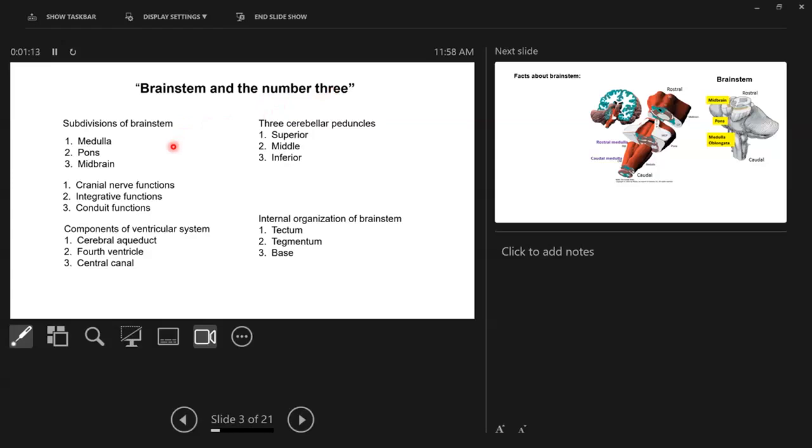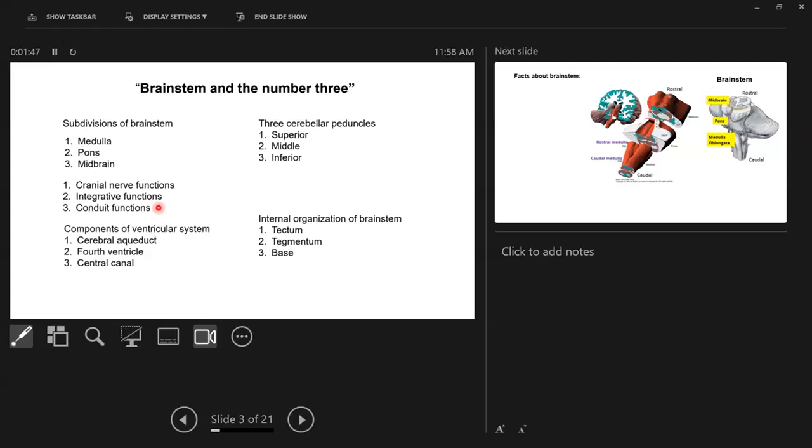And that is for many reasons, such as the anatomical and functional subdivisions of the brainstem, starting with the fact that we have 3 components: medulla, pons, and midbrain anatomically. And functionally, we can also distinguish between cranial nerve functions, integrative functions, and conduit functions of the brainstem.